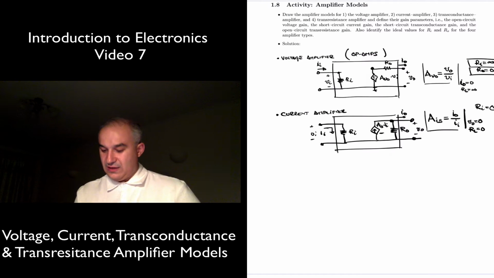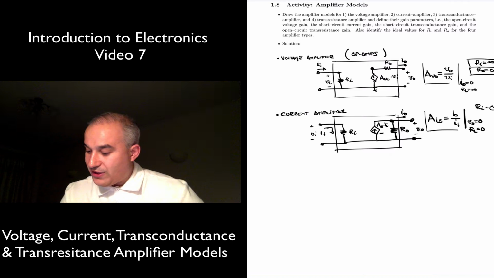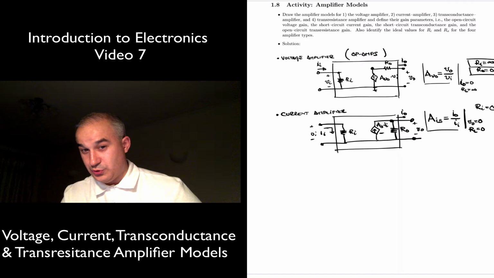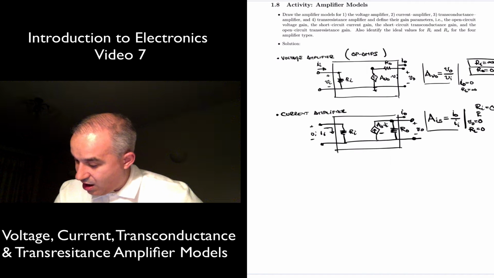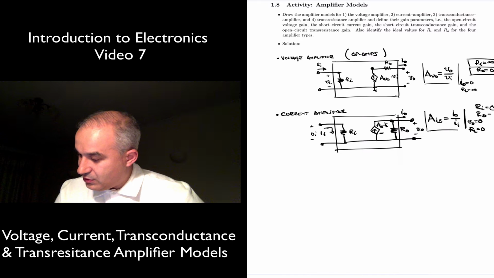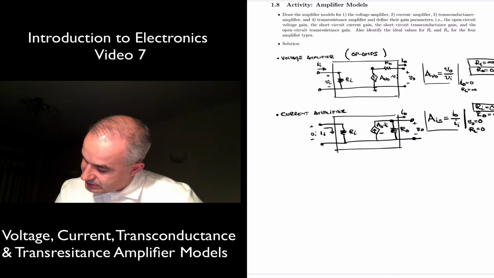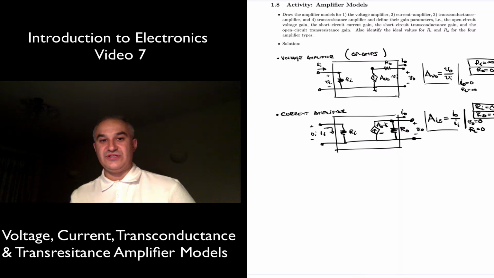And the same thing for R out in this case, because you want all the output current to go to the load, you want R out to be equal to infinity, as large as possible. Just the opposite of the voltage amplifier.